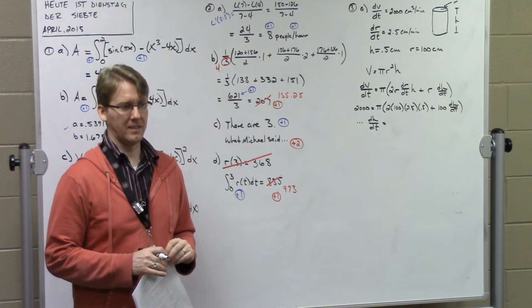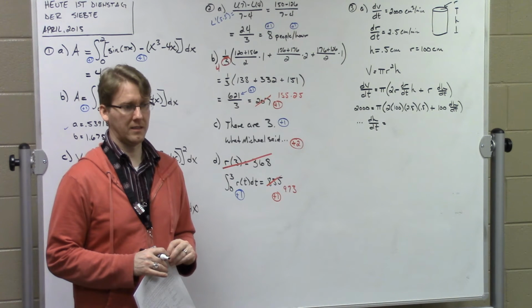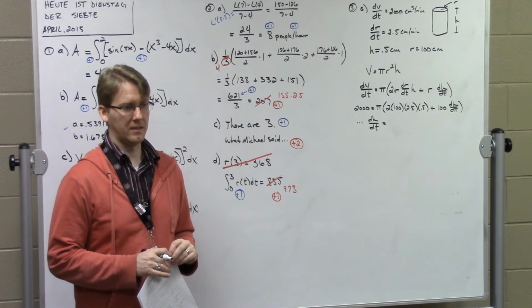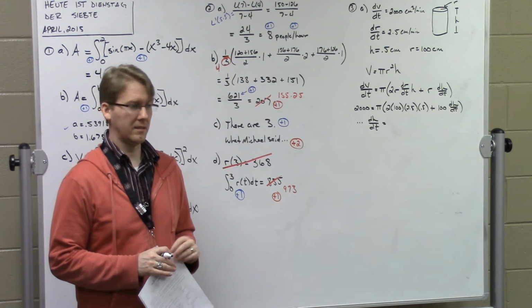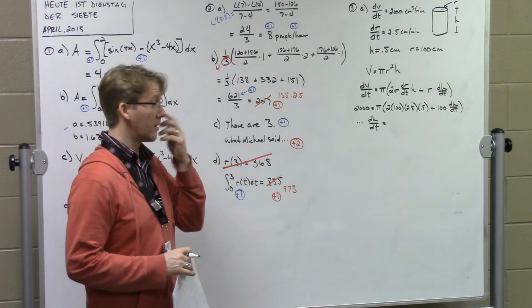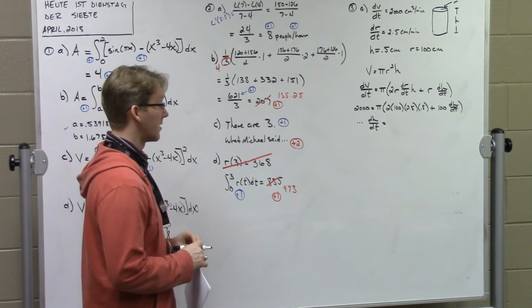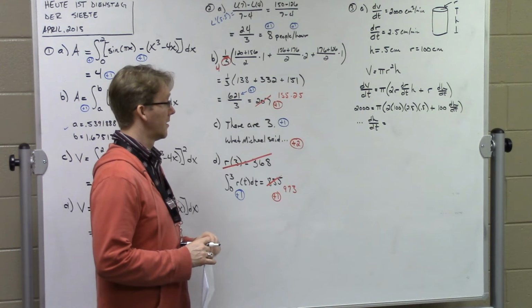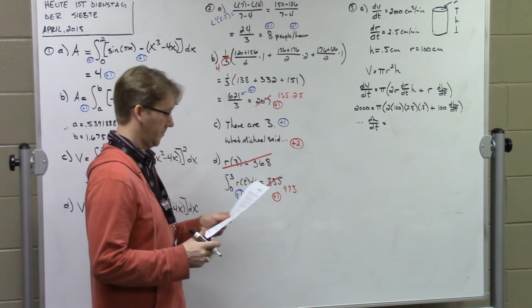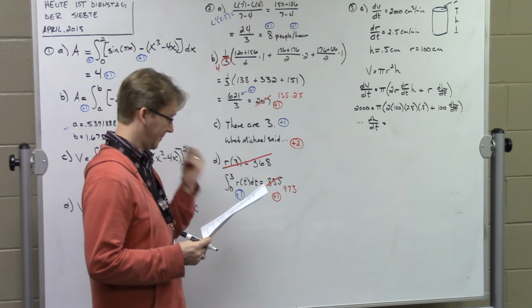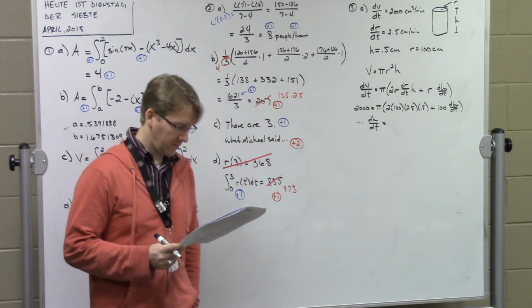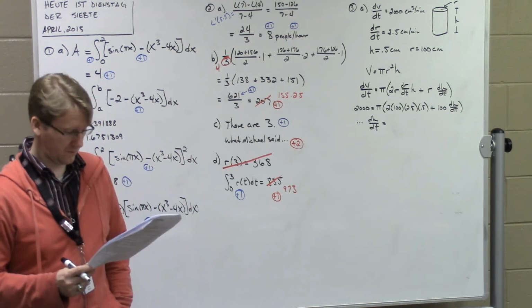So, 7 minus 250 pi divided by 100 pi. Can I put that in? You could, it's not that hard to type it in. Okay, I'll type it in. Oh, I forgot to type this.